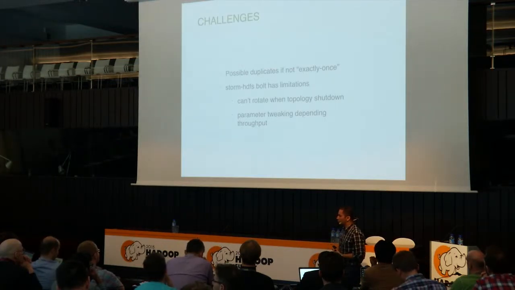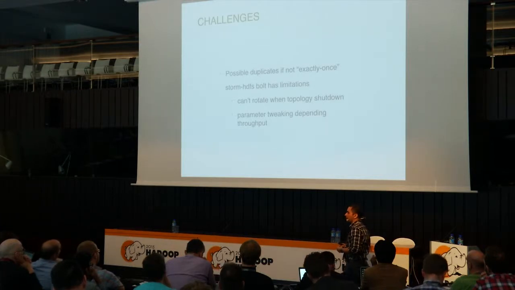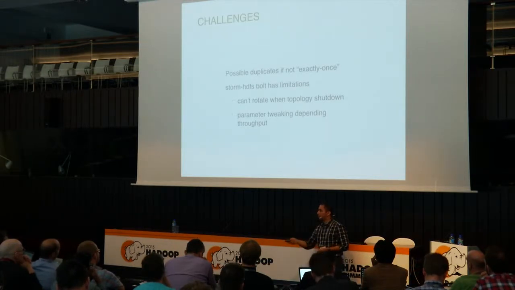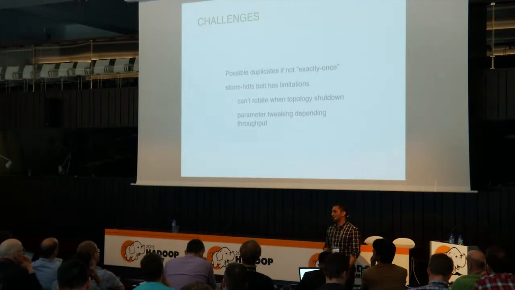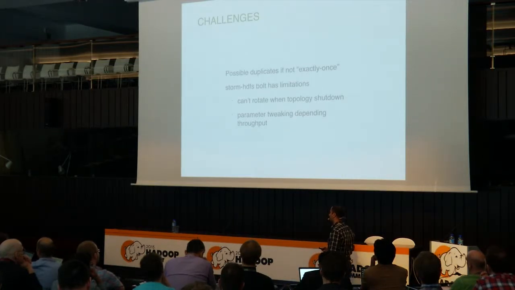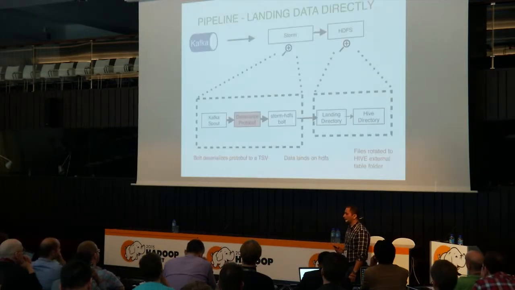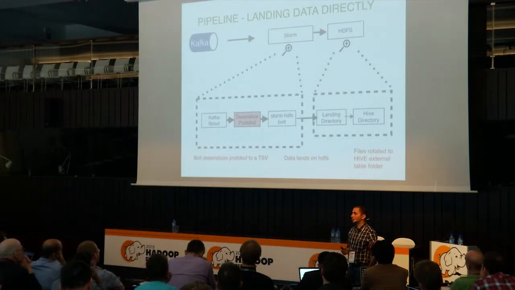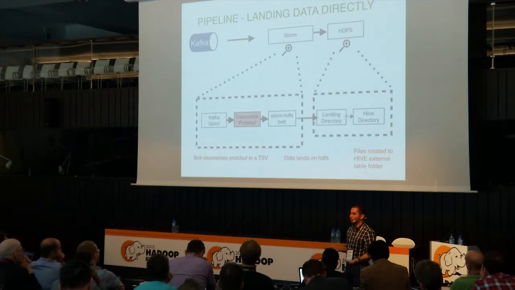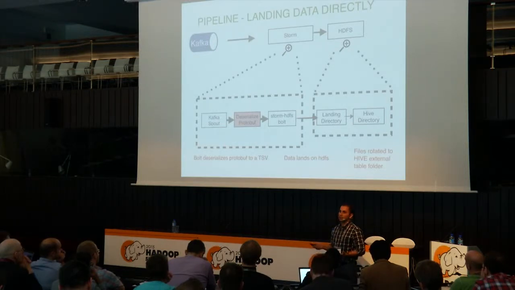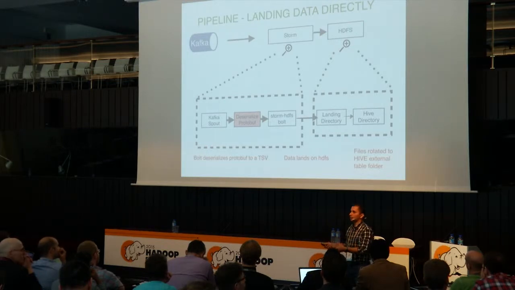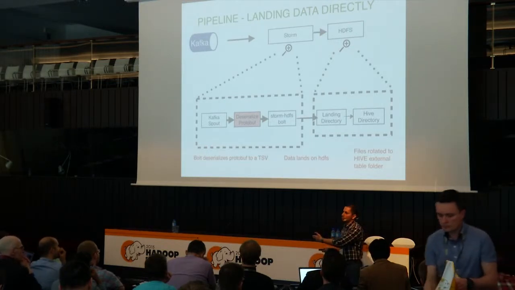The other thing was the Storm HDFS bolt particularly has limitations, and Taylor, let me know if this is wrong, because I wasn't able to find a solution for this. Going back to the pipeline, if you had this pipeline running and putting data into the landing directory, and you were to kill the pipeline in Storm, the way Storm does that is it sends pretty much a kill -9 to the worker node that's running the JVM, running your thread which is shoving data into HDFS.